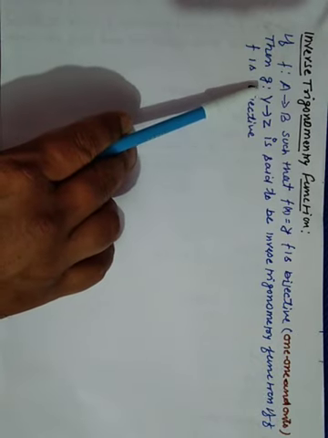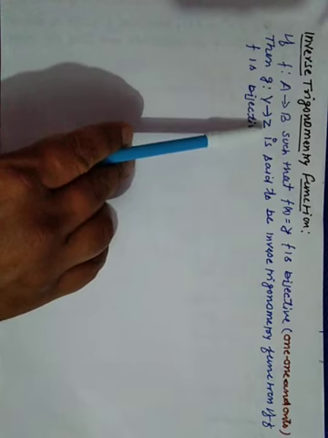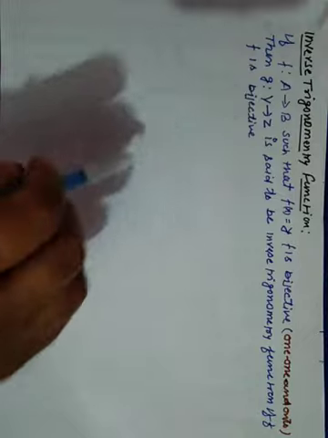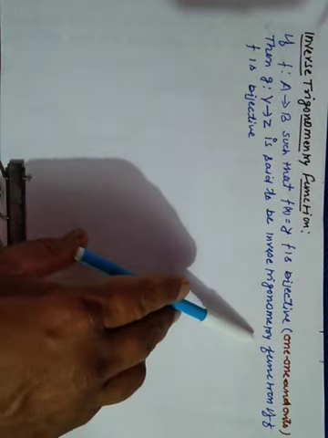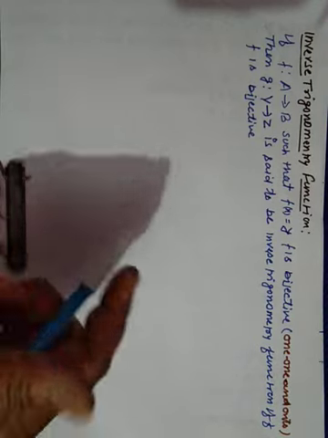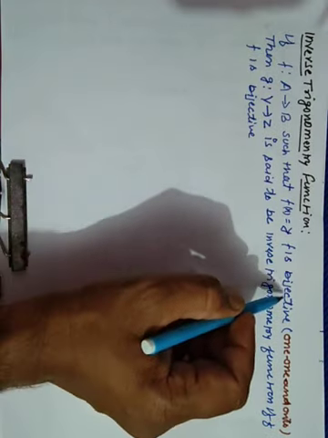Then g is another function from Y to X, or we can say B to A, said to be the inverse of f if f is bijective. Clear?